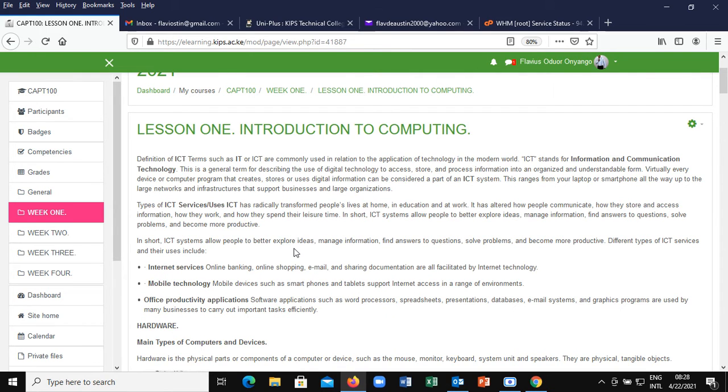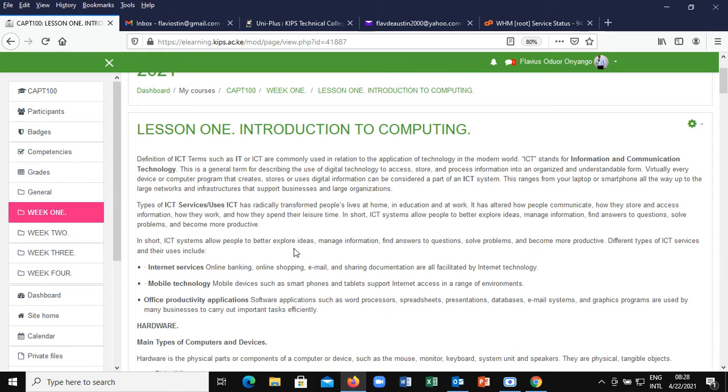When you talk of ICT, you are referring to virtually every device or computer program that is used to create and store digital information, and that can be considered part of an ICT system.